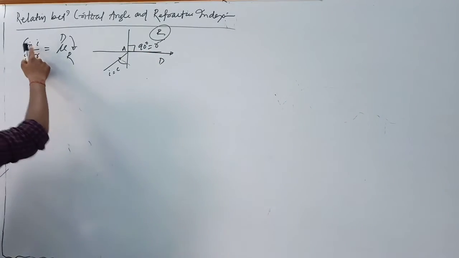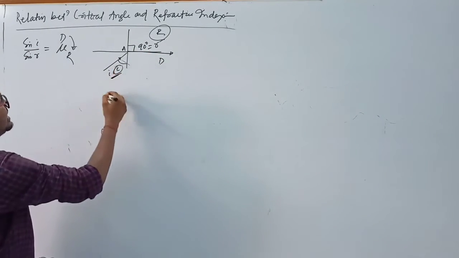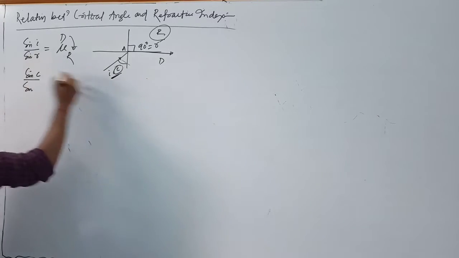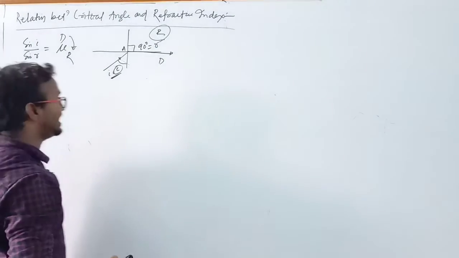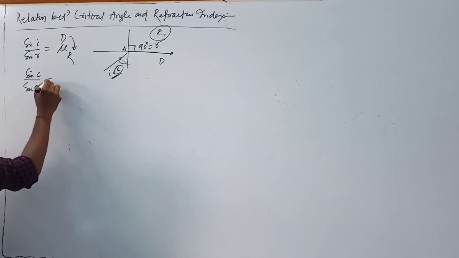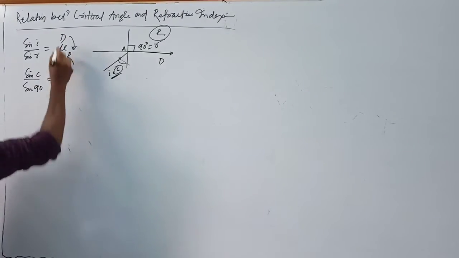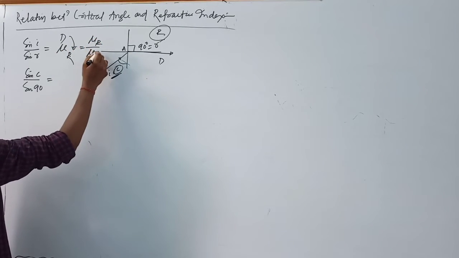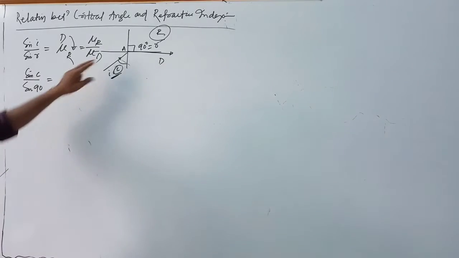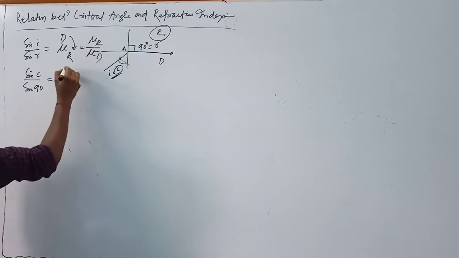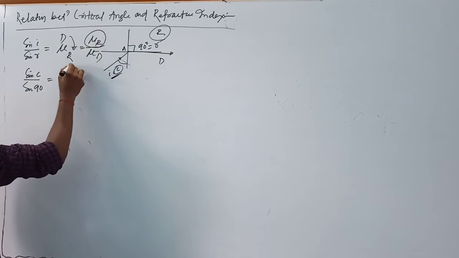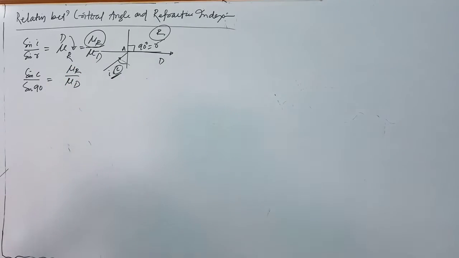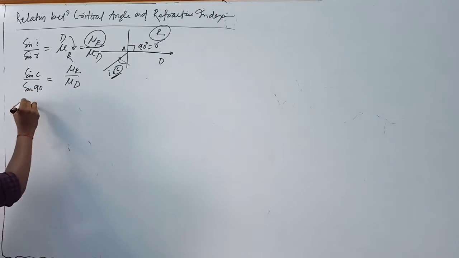Then sine I, and here I is equal to C. So you can write sine C divided by sine R. R is here 90 degrees for the critical angle. So you can write sine C by sine 90 equal to mu 2, or you can write this relation as mu R divided by mu D, the denser medium. So here we use the refractive index of the rarer medium divided by the refractive index of the denser medium, and the value of sine 90 is equal to 1.